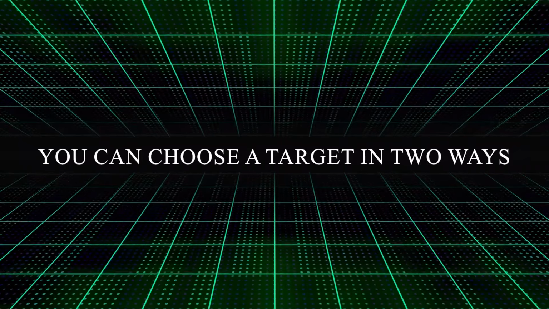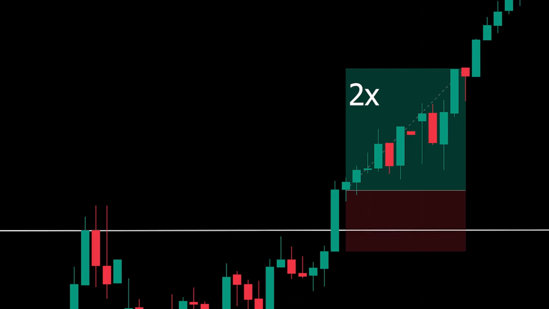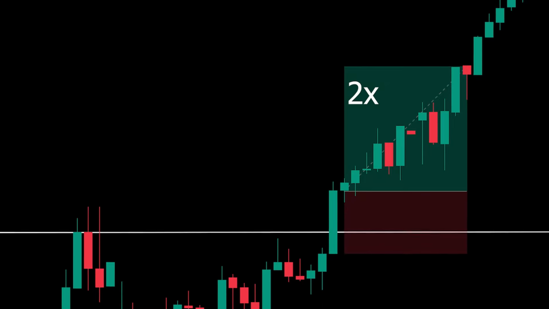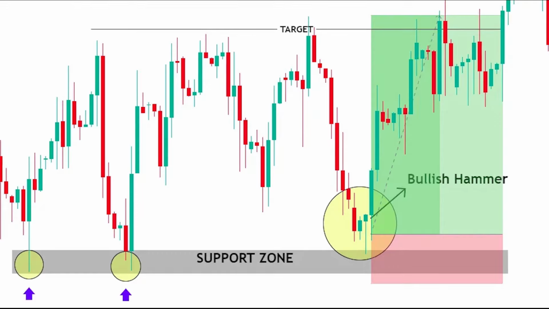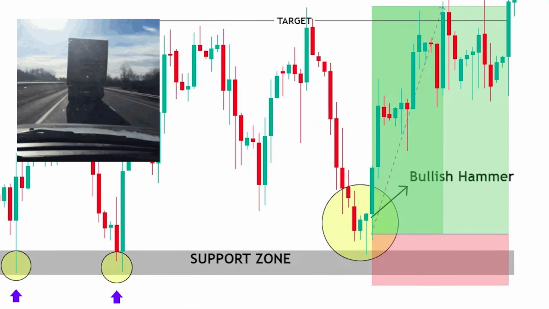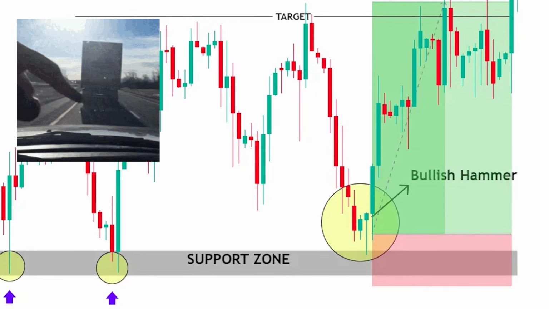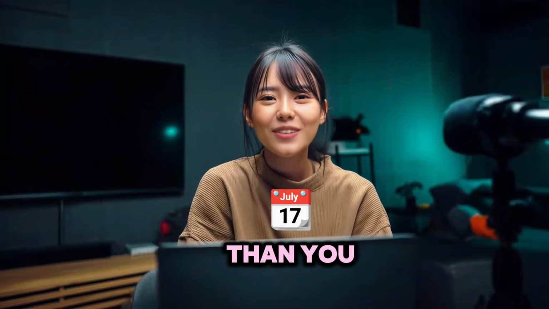You can choose a target in two ways: a fixed risk-to-reward ratio, for example, risk 10 points to aim for 20 for a 1:2 reward, or the next key resistance you see on the chart, which is like aiming for the next exit sign on the highway. This helps you stay consistent and never risk more than you plan to gain.